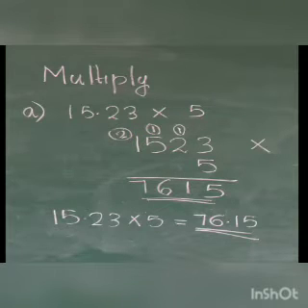So in the product also, after the decimal point, we should have how many places? 2 places. So when you are inserting the decimal point, in the product you have to count from the unit place. This is the product you got, isn't it? So what is the unit place? 5. And I said we need 2 places after the decimal point. So count 2 places. 1, 2. After counting 2 places, we place the decimal point here.